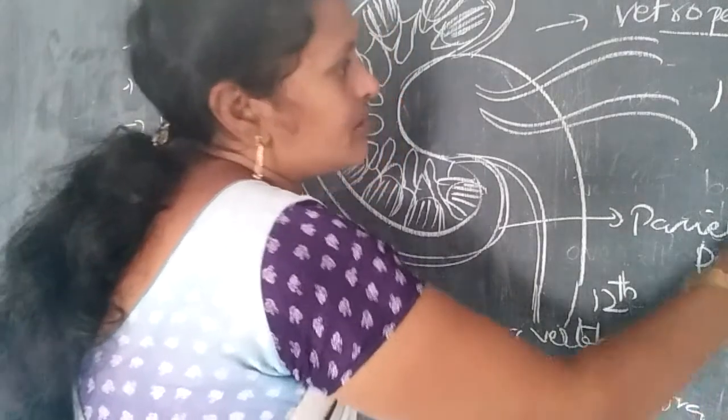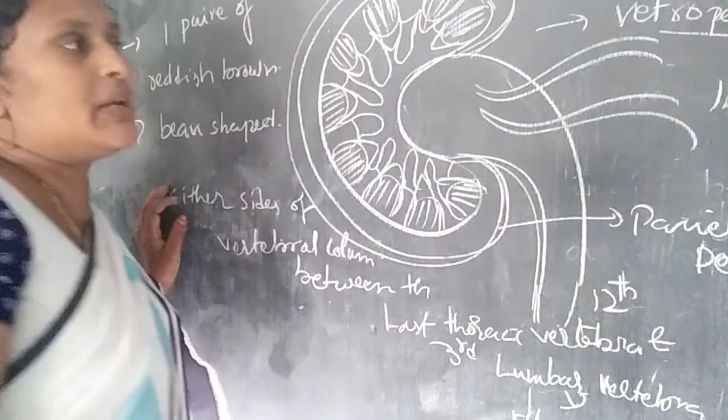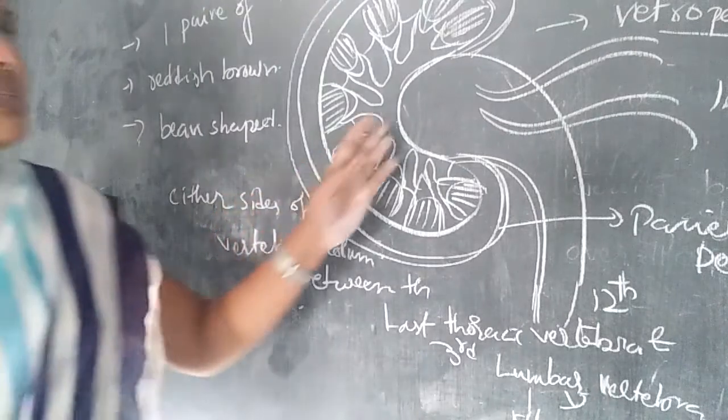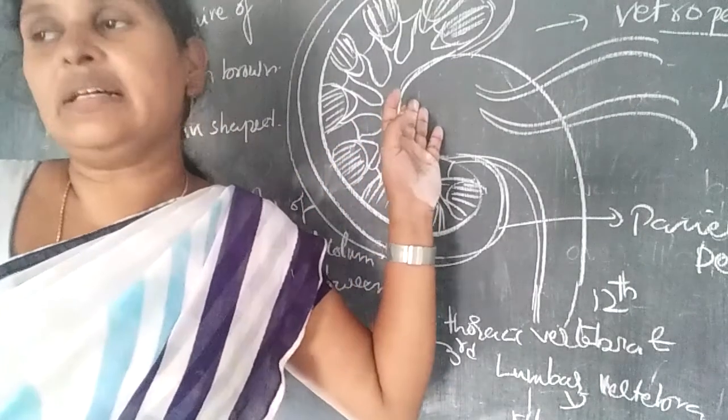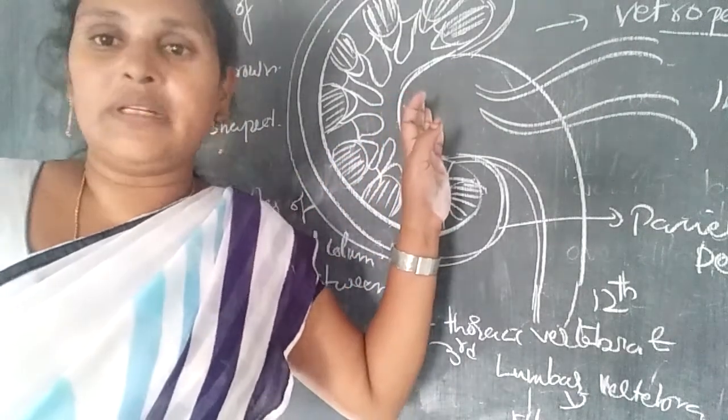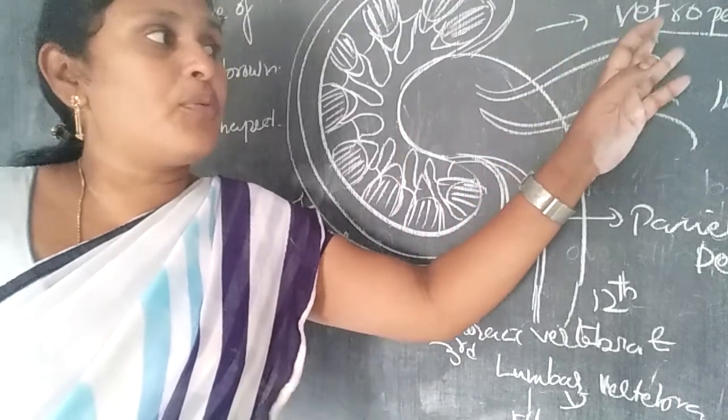The ventral surface of the kidney is covered by parietal peritoneum. So it is also called the retroperitoneal organ.